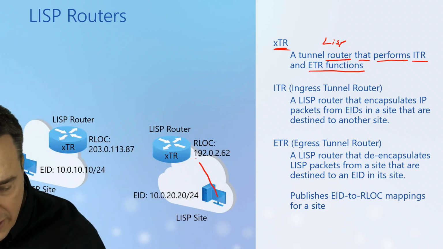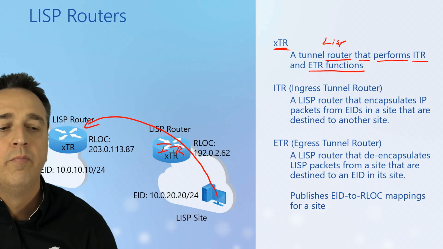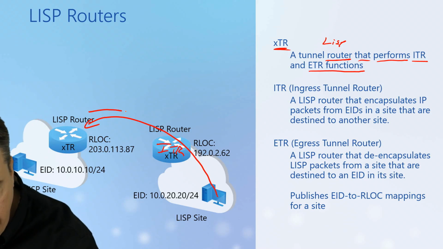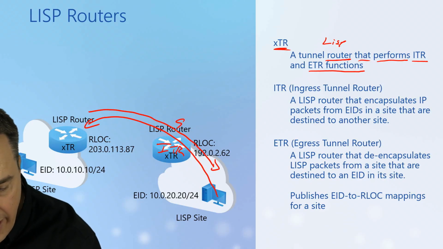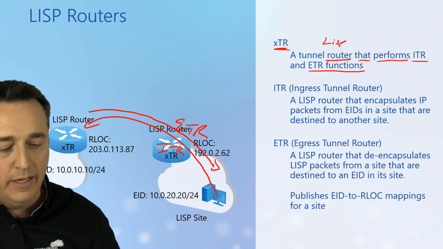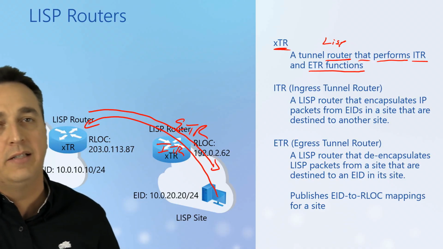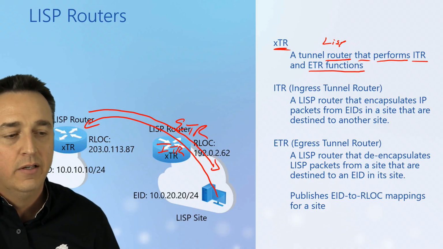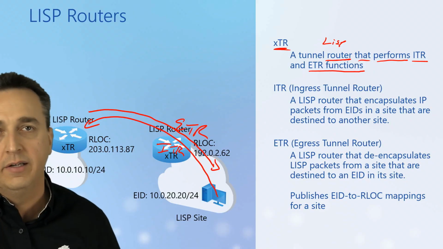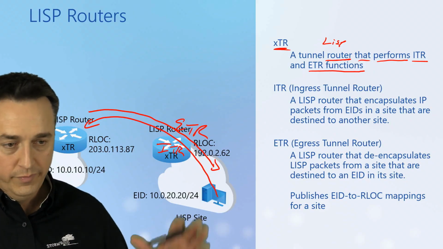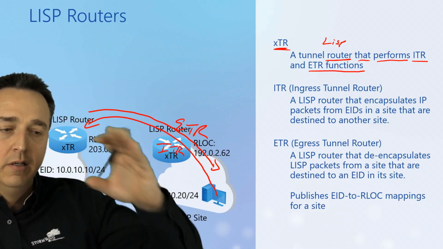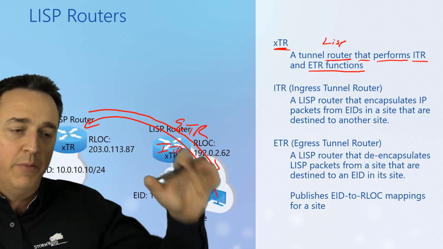So if traffic is flowing this way, I am an ITR. If traffic is flowing this way, then I'm an ETR. An ETR is a LISP router that decapsulates LISP packets from a site that are destined to that site. So for packets leaving my site, I'm an ITR. For packets coming in, I'm an ETR.